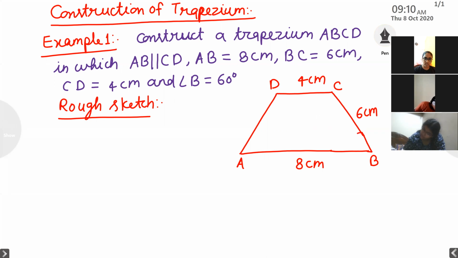And angle B is 60 degree. And AB is parallel to CD. Students, give 10 line gaps.